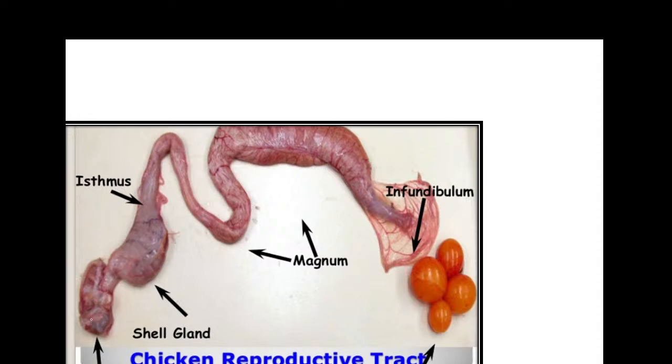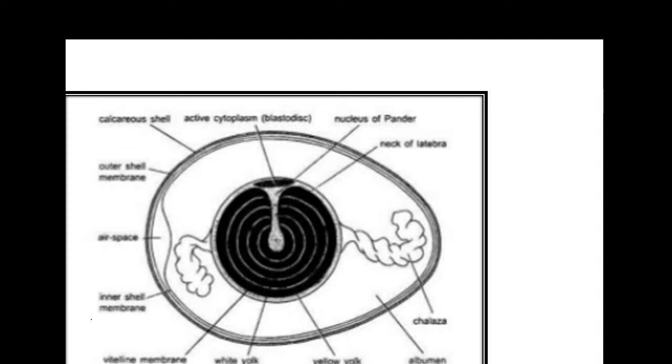This is the overall reproductive structure of birds: where the egg is developing, where fertilization is happening, and where the membranes, the different layers around the ovum, are deposited. This is the overall picture of the different parts of the chicken reproductive tract.